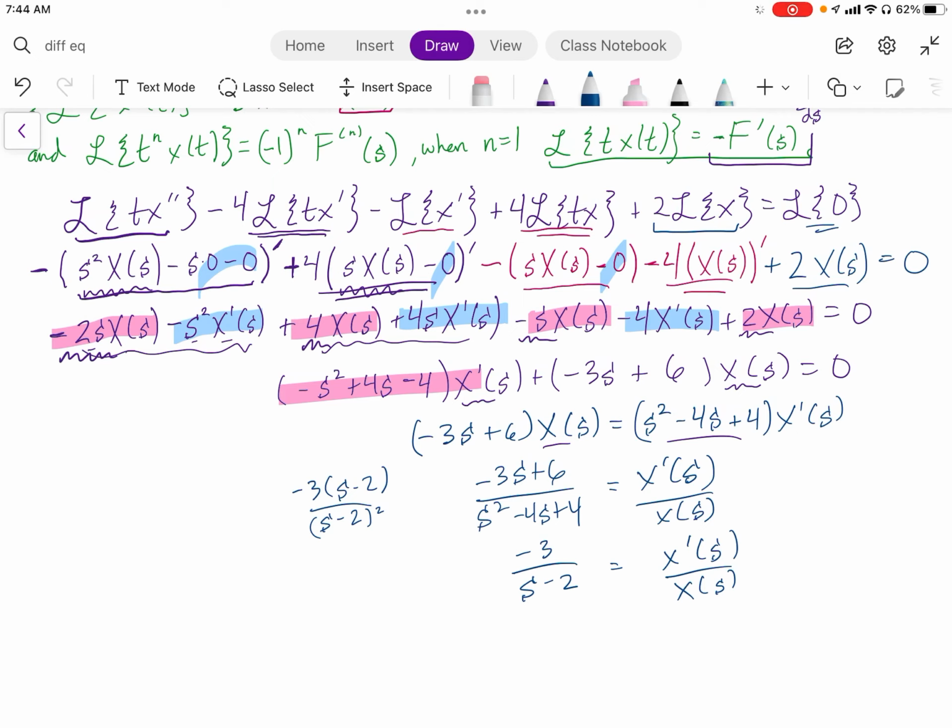We want to integrate because on the right side we have du over u, and we know the integral is ln u. Now, it is an absolute value, but because of the domain restrictions it wouldn't matter. Oftentimes we assume that's going to be positive anyway. So we're integrating with respect to s.